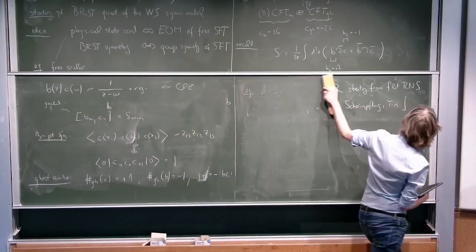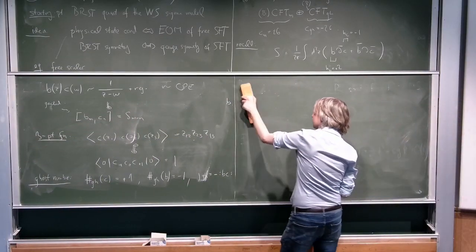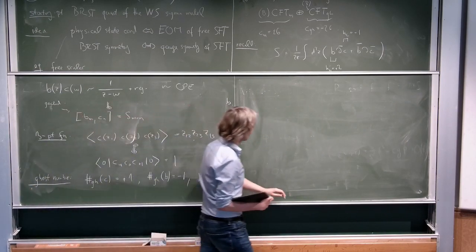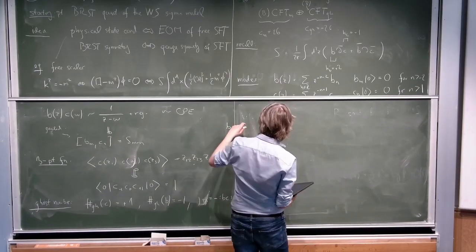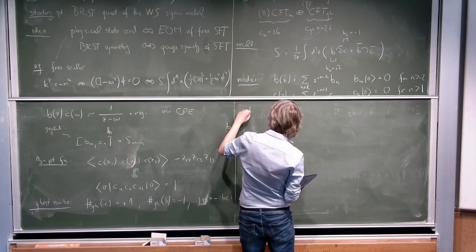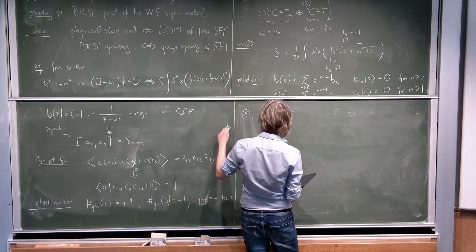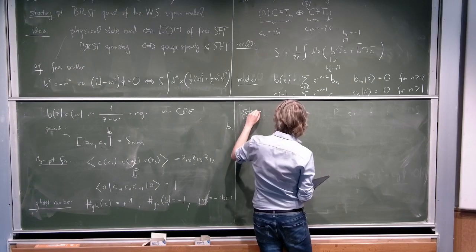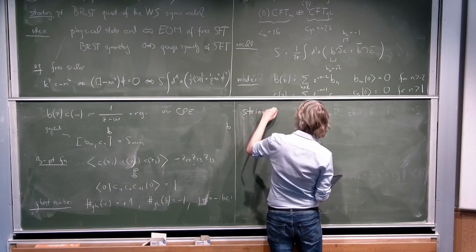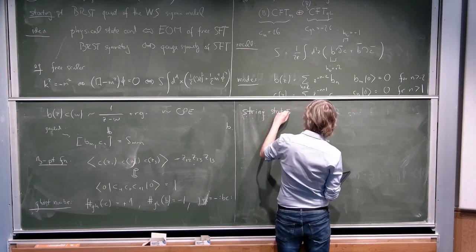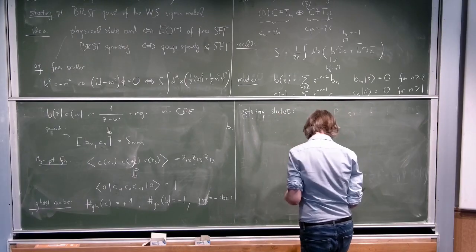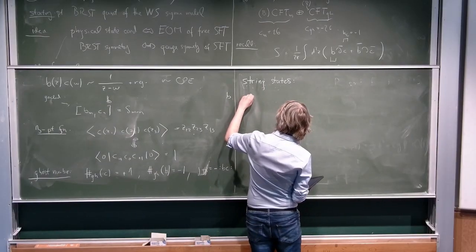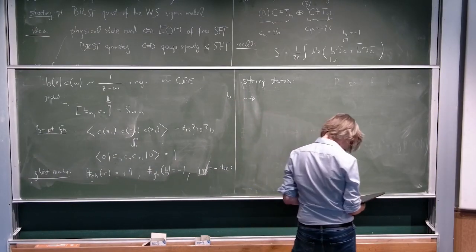So then, given these facts about the BC ghost CFT, we can write down some representatives of typical states in this combined matter ghost worldsheet CFT. So these are the typical string states. Now let me separately go through the case of the open string Hilbert space and the closed string Hilbert space.